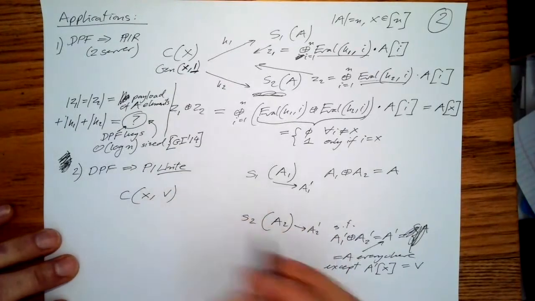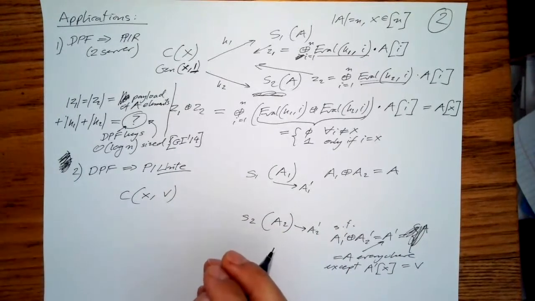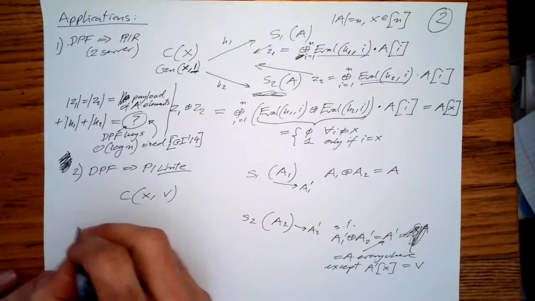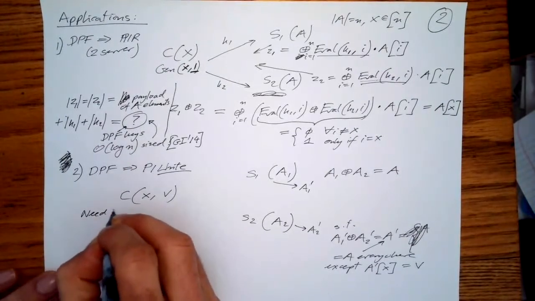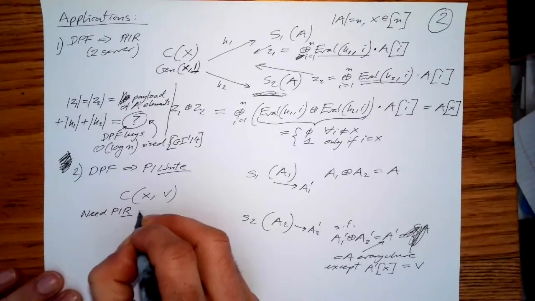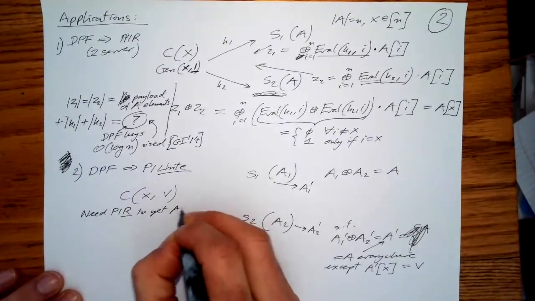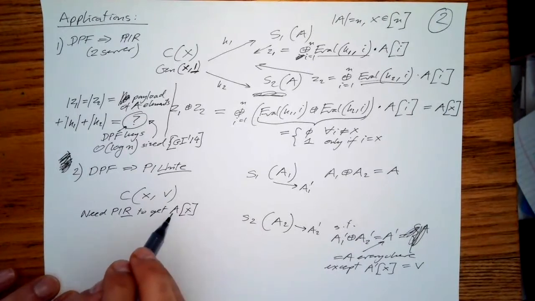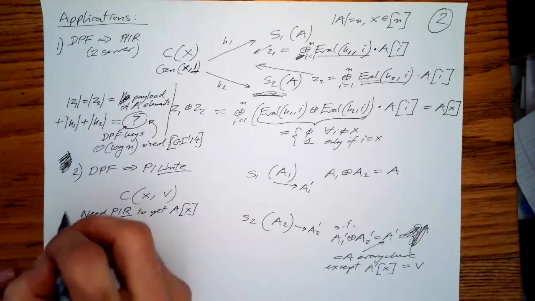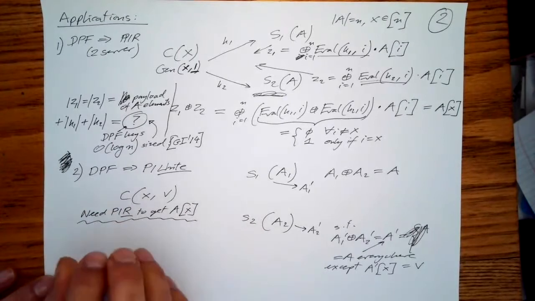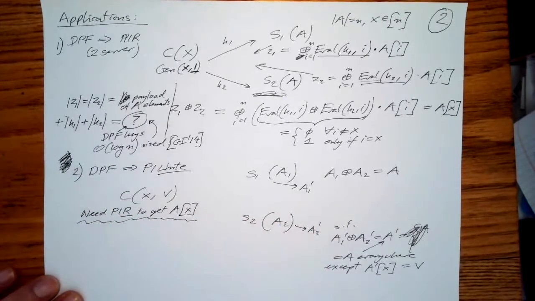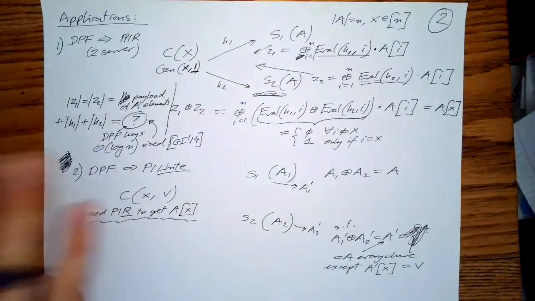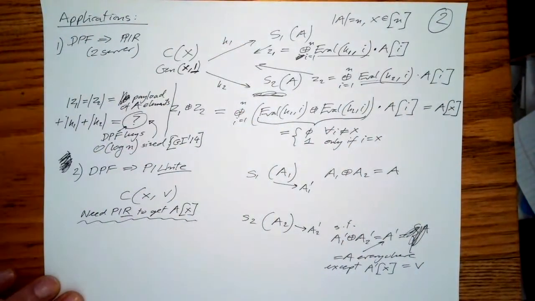Okay, so how can I do it with the DPF? Actually, I need the PIR read to get the old value at position X of this array. So it's not going to be a pure solution. It's somehow a solution that requires the presence of the standard PIR.